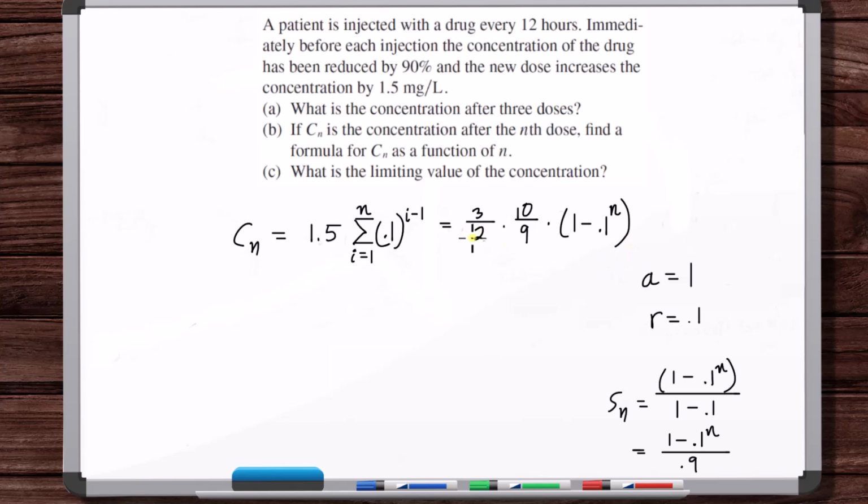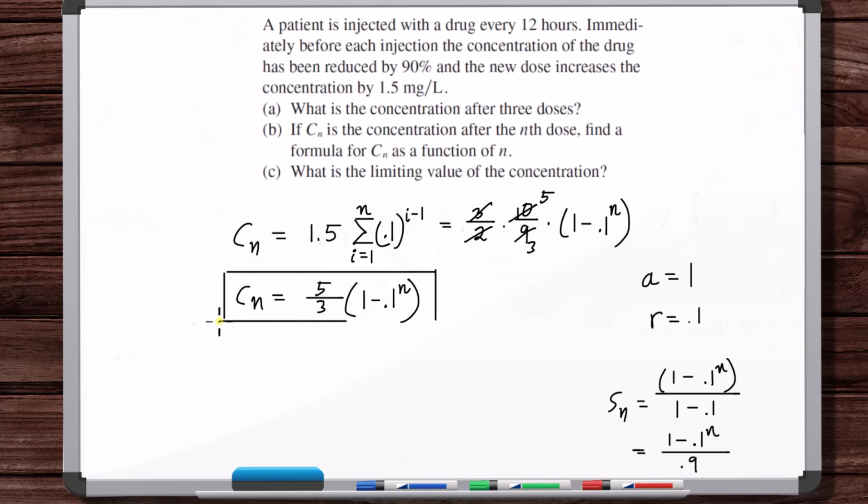Okay, and there we go. There's the C sub n. Pretty cool. The nth dose, plug in any value of n.